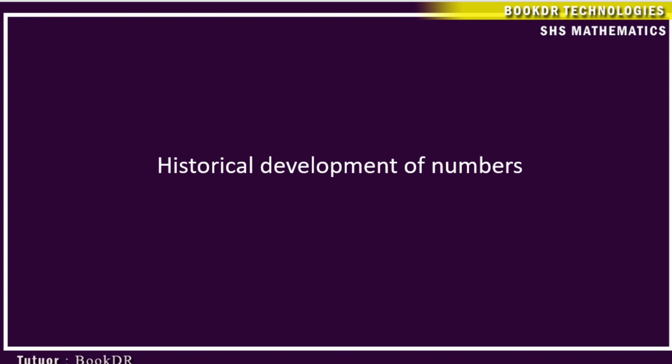But the most commonly used numeral system is the one developed by the Hindus, which was propagated or spread by the Arabs and is known as the Hindu-Arabic numerals, or for short, the Arabic numerals, where we have digits from 0 to 9. 0, 1, 2, 3, 4, up to 9.